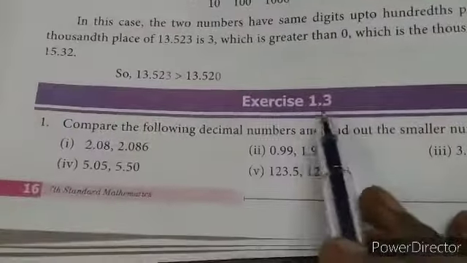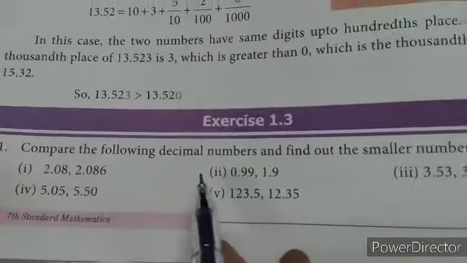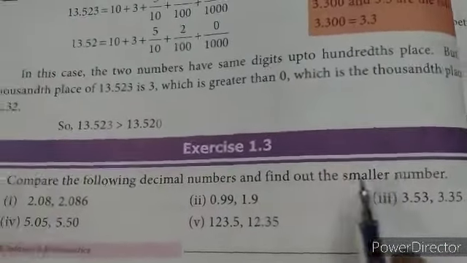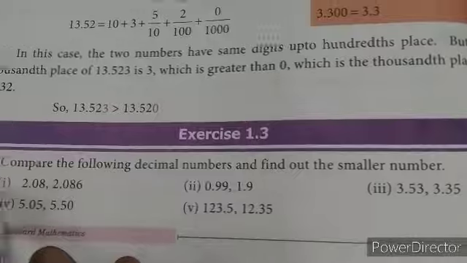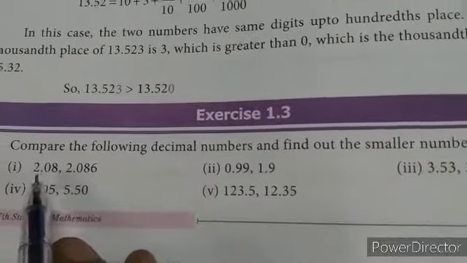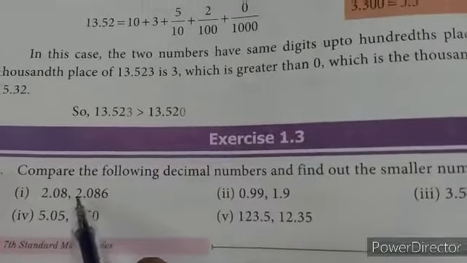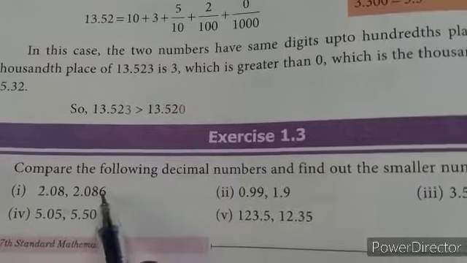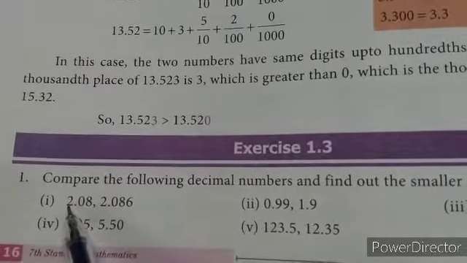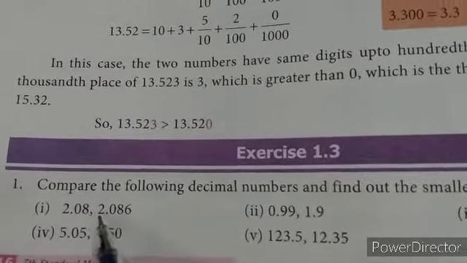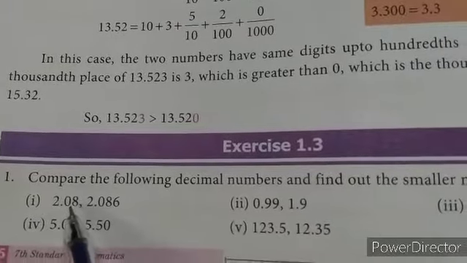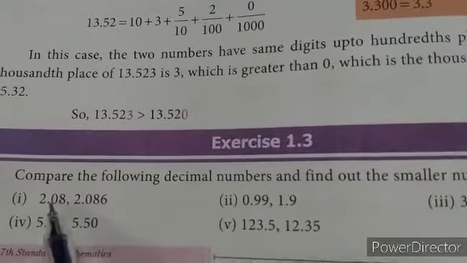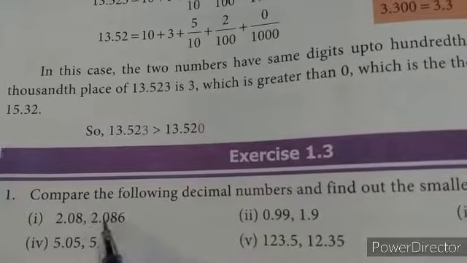Here in exercise 1.3, compare the following decimal numbers and find out the smaller number. Question number 1. Here 2.08 and 2.086. First step, compare the whole numbers: 2 and here also 2. Let's move to the next, the 10th digit. Here 0 and here also 0.